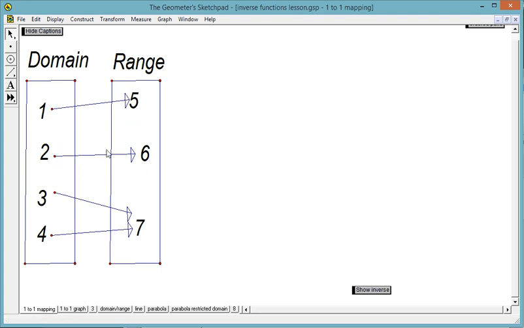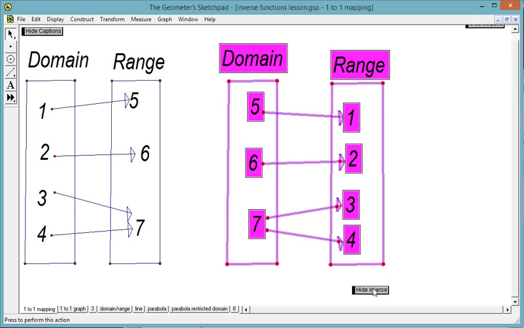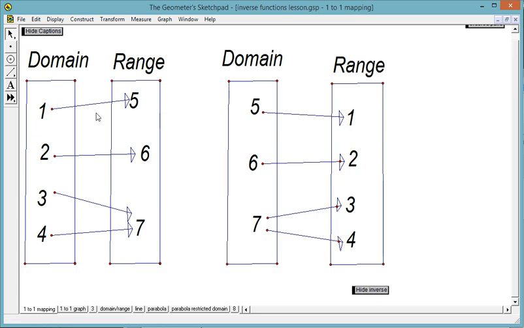Since 2 is mapped to 6, when I put 6 in to my inverse function, I'd have to get a 2 back out, and so on. So here's what it would look like, and you notice that it's just flipped, right? So we have this ordered pair 1, 5, and that means in the inverse function we would have 5, 1.